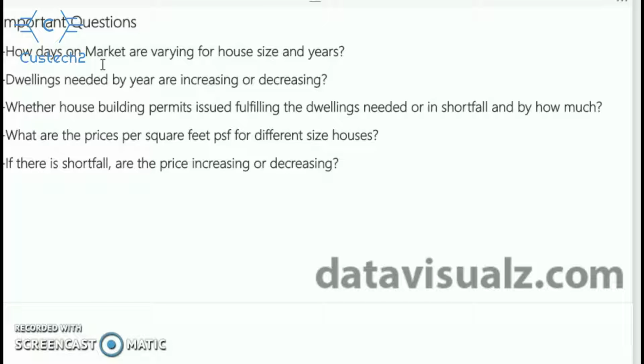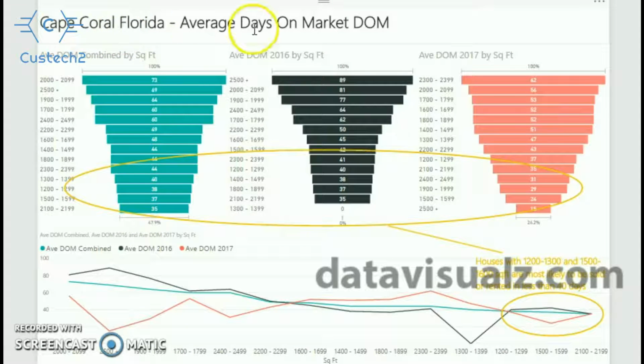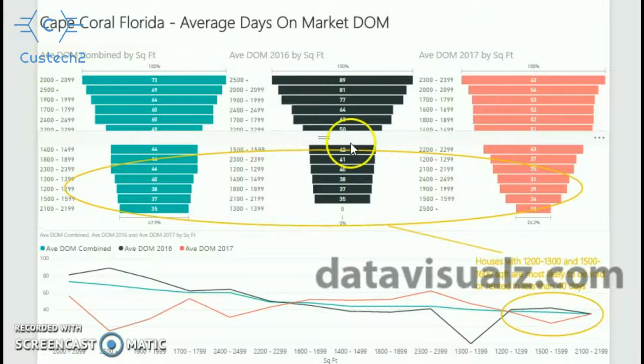So let's see what the visual is about for this particular question. Yep, Cape Coral, Florida, average days on market, DOM. DOM means days on market. Here you can see the combined days on market by square feet on the left-hand side, on the vertical axis.